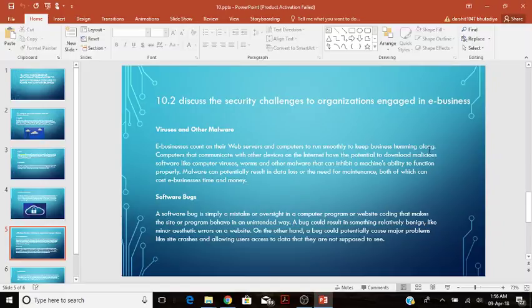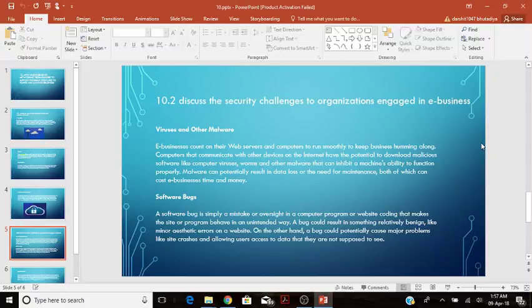So there are viruses and other malware. E-businesses count on their web servers and computers to run smoothly and keep the business humming along. Computers that communicate with other devices on the internet have the potential to download malicious software like computer viruses, worms, and other malware that can inhibit a machine's ability to function properly.